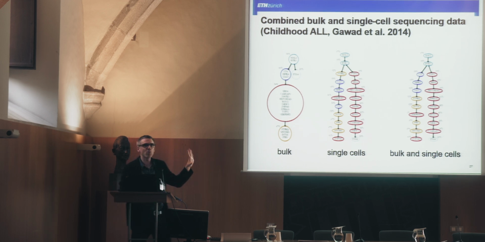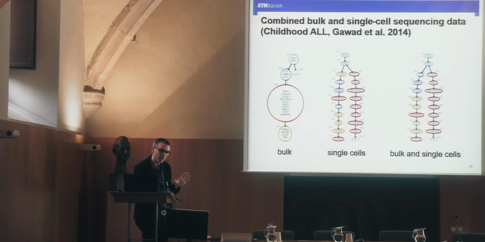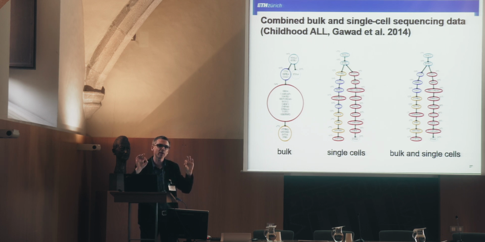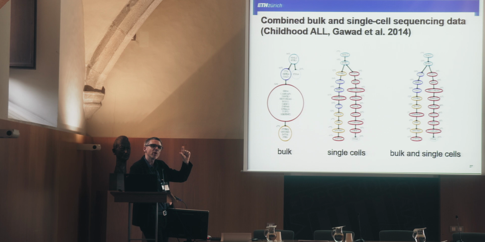And of course, this is only one example, but it's really a typical example in the sense that most of the information about the branching structure is really in the single cells. What the bulk data can be useful at is in estimating allele frequencies and in reordering linear stretches of the tree.